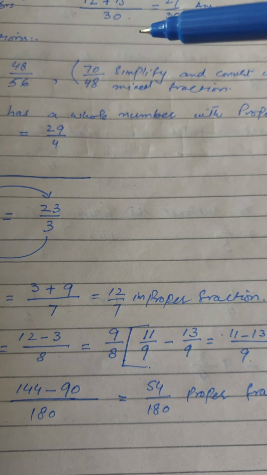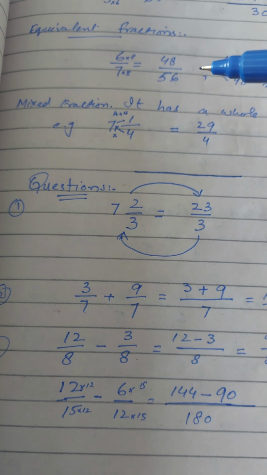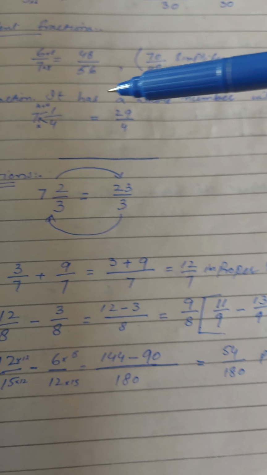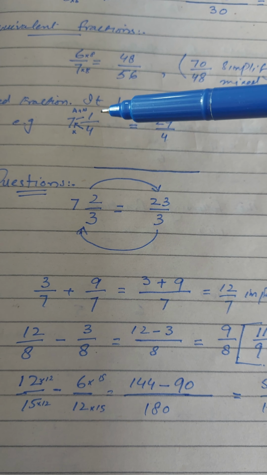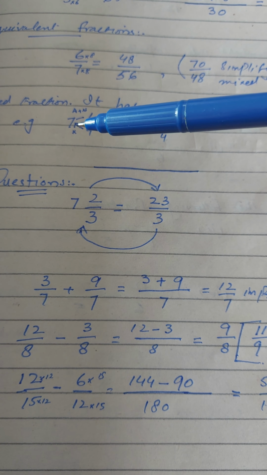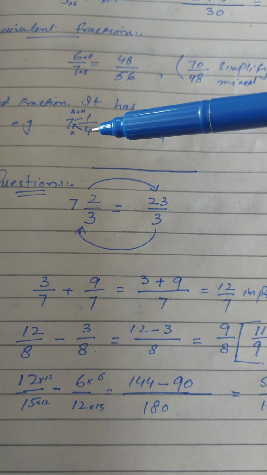Now I'll tell you how we will convert into a mixed number. A mixed fraction has a whole number and a proper fraction. So for example, this is known as a mixed fraction, 7 whole 1 by 4. So how will we solve it?